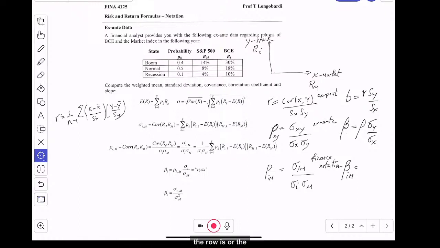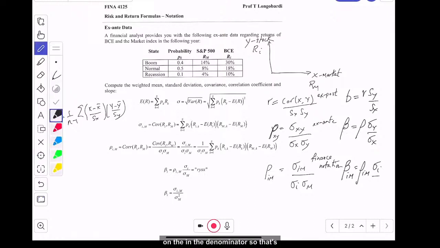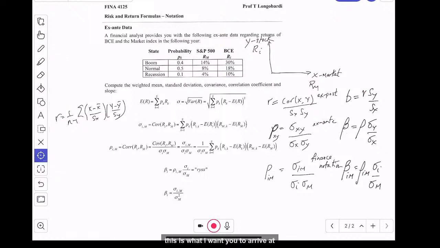In finance, the correlation is rho Im, and then I have to put the y variable on the top, so that's I, so sigma I, divided by the x variable, the horizontal one, in the denominator, so that's sigma m. So I just did a translation of the several documents. This is what I want you to arrive at, that you end up here.